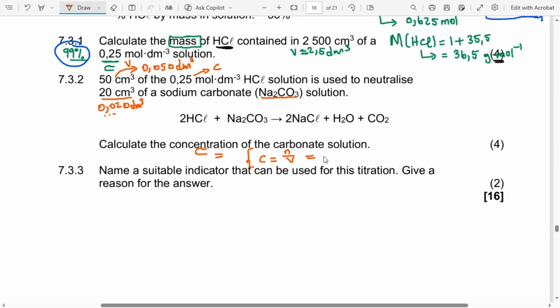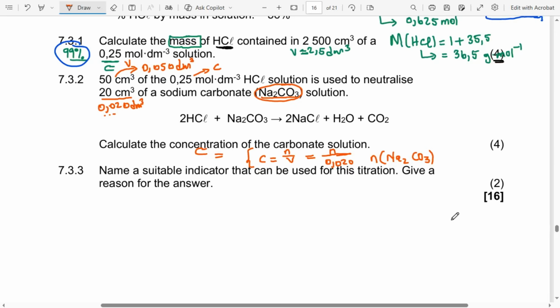So this will be over the 0.02. Then on top, we don't have the number of moles of what? Of that sodium carbonate. The aim is to find the number of moles of sodium carbonate. When you look at this information, we don't have enough to calculate the number of moles of sodium carbonate.